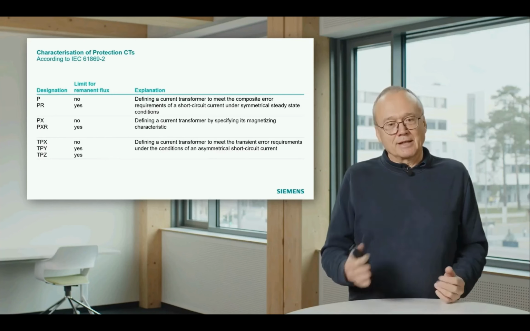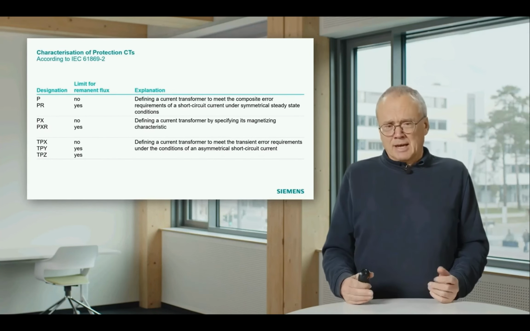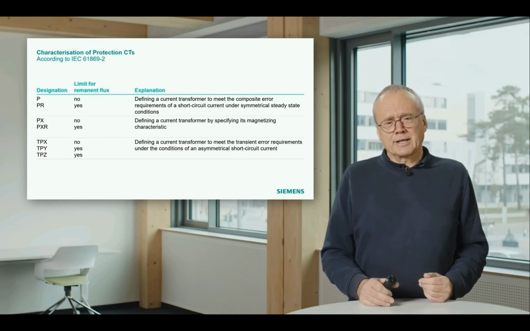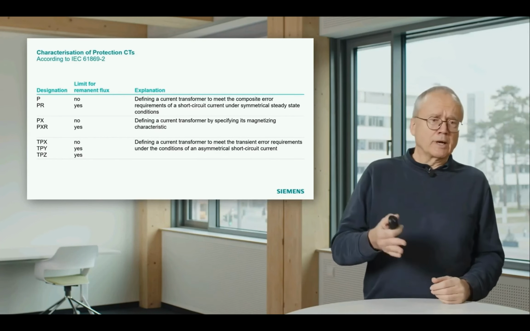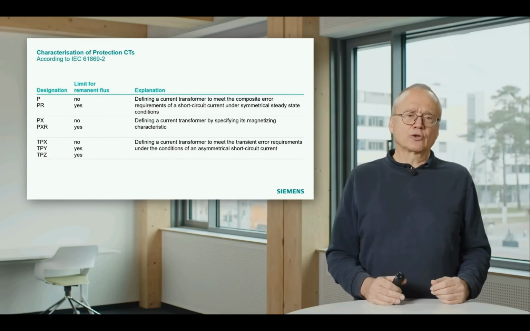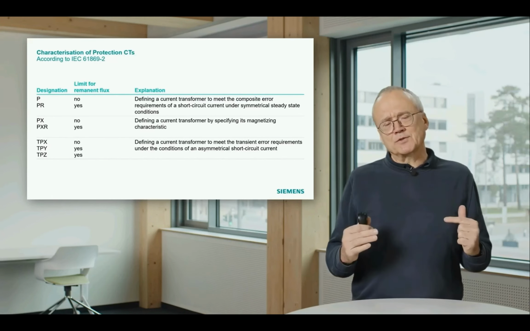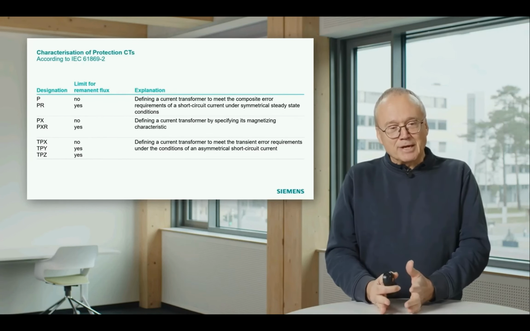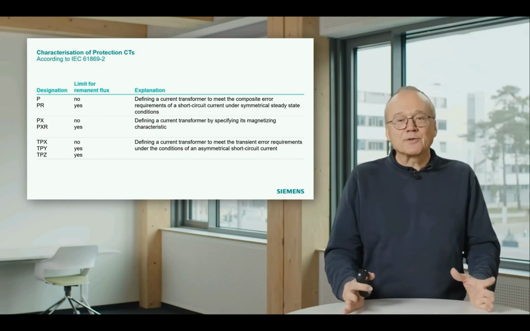But these classes were introduced with the standard, and experience shows they are not widely in use. That is the reason why all the examples I will show you later on are based on P-class transformers. A current transformer can be a TPX current transformer and a P-class current transformer at the same time.